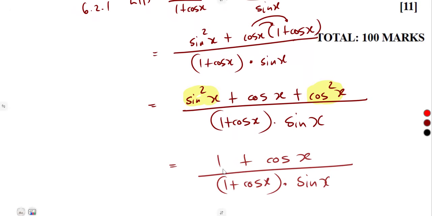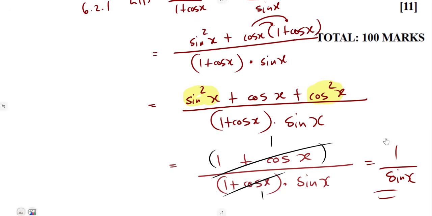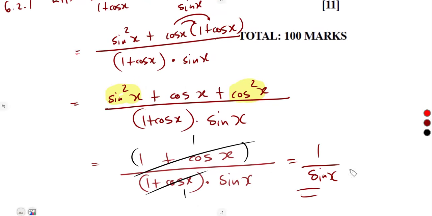So guys, this is the same as we have got a single term. So we're going to divide, that's 1, and this is 1. So you're going to have 1 over sine of x. And this is exactly as it is on our right-hand side. So this is 1 over sine of x. We have managed to prove that one.